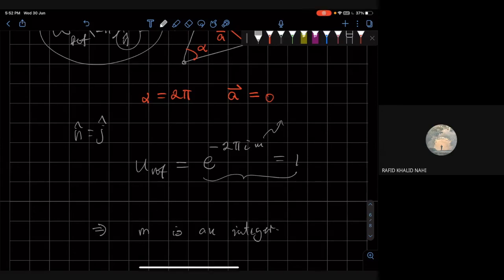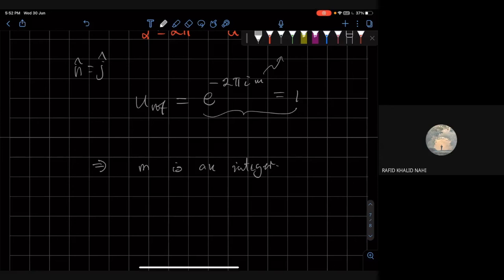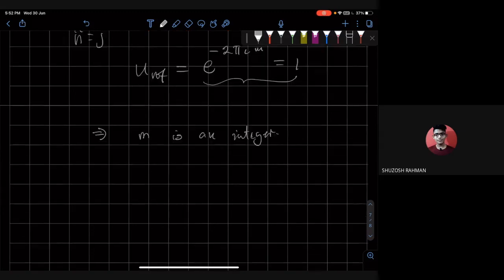You know that, right? I'm actually having a bit of a problem convincing myself that for alpha equals 2 pi, A will be 0. You have to go and do it yourself, because you have the background to do that.